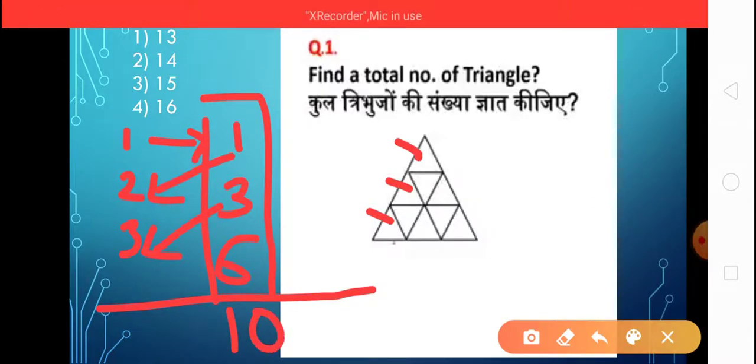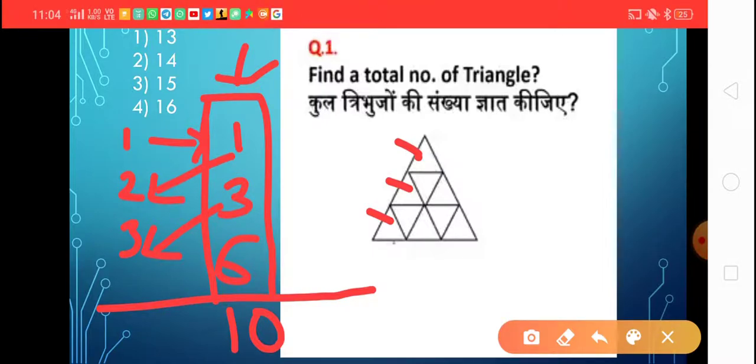Then the numbers which I have written in this box, we will consider from the bottom. We have to eliminate the odd and take the even.